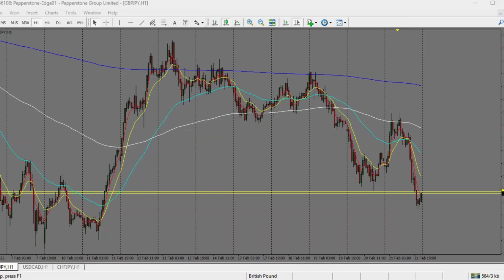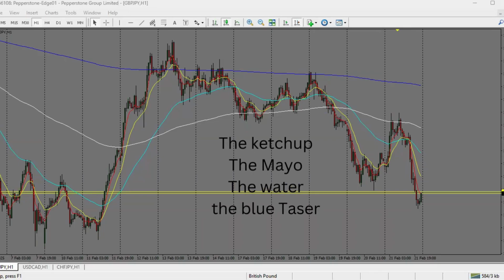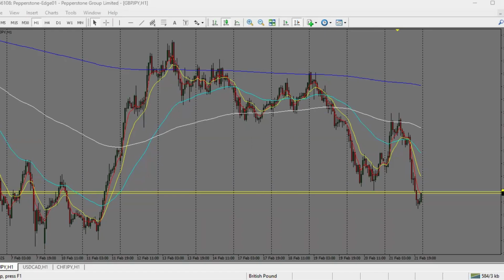If you trade the BTMM, but you don't understand these 5 moving averages, you are missing some crucial trade confirmations. The 5, 13, 50, 200, and the 800 EMAs, which are also known as the Ketchup, the Mayo, the Water, and the Blue Taser, are the backbone of the BTMM strategy.